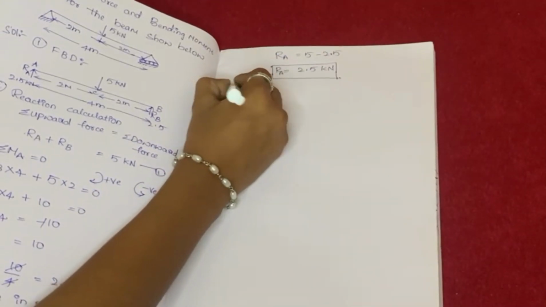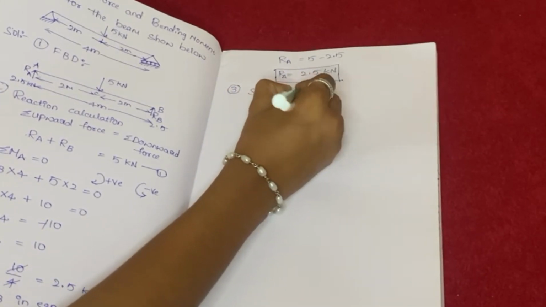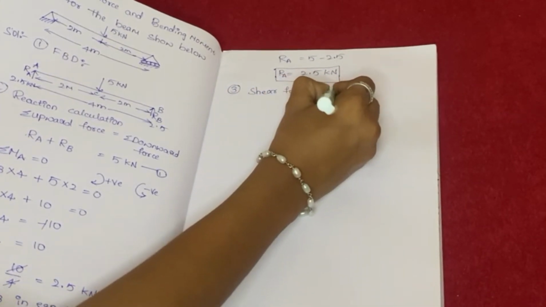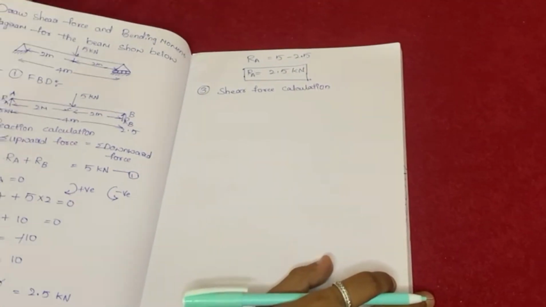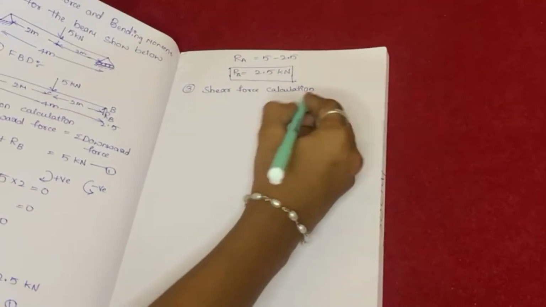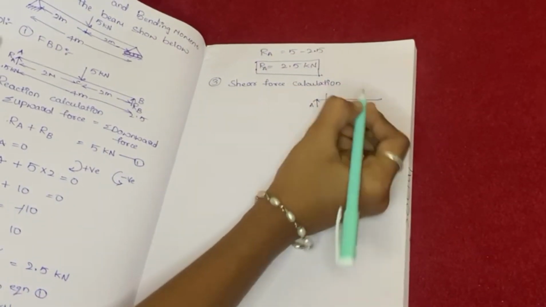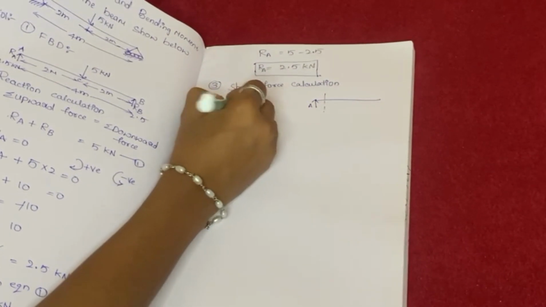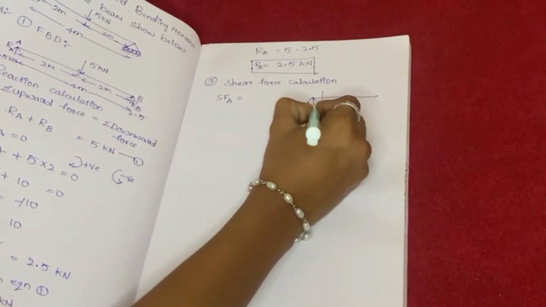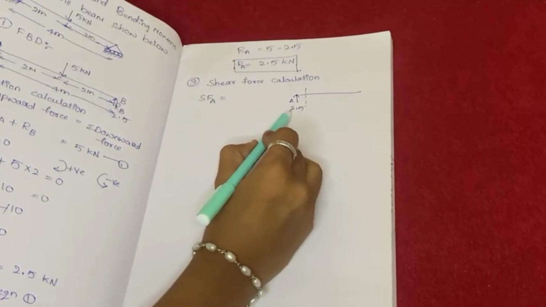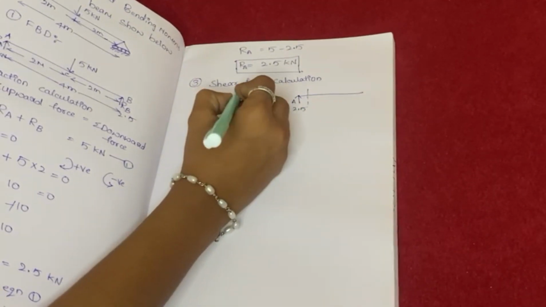Then our third step is shear force calculations. To calculate shear force, I am taking a section about A. Shear force at A is equal to the load at that section.